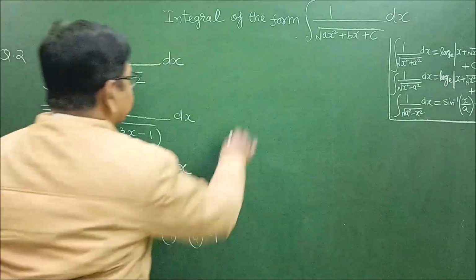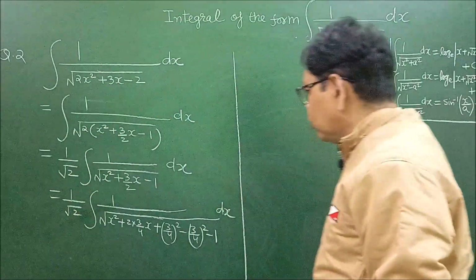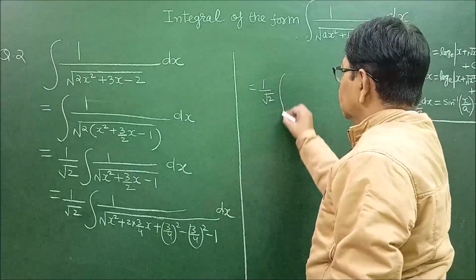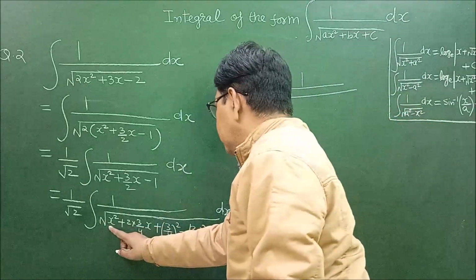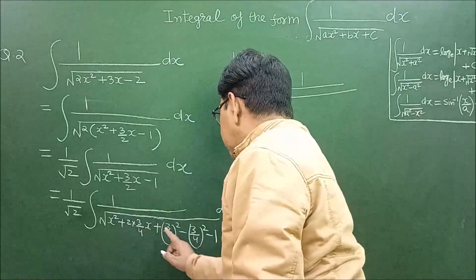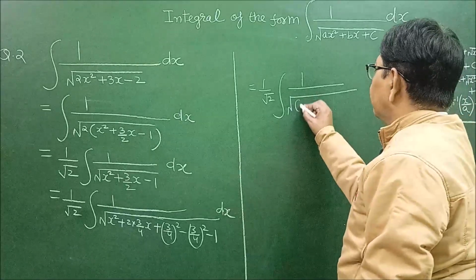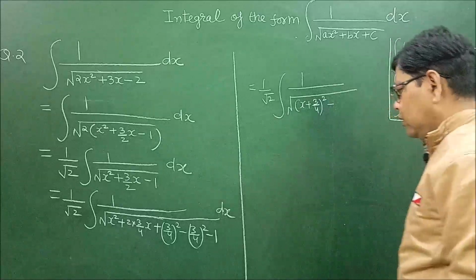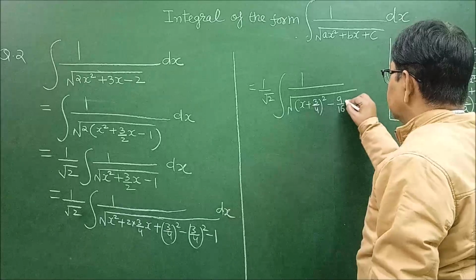Now 1 upon under root 2 integral of 1 upon under root of these three terms, x² plus 2 into 3 by 4 x plus (3/4)², a² plus b² plus 2ab. So this is the whole square of (x + 3/4) minus 9 upon 16 minus 1 dx.